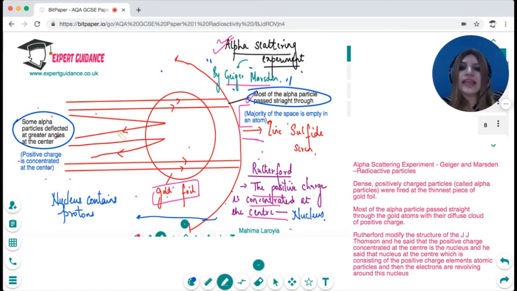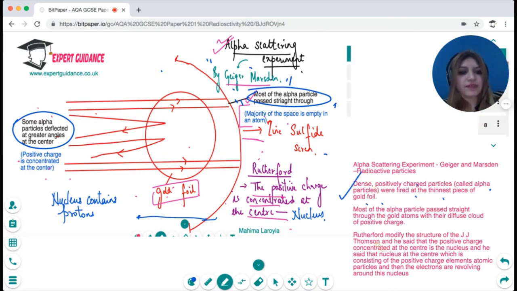So then they concluded that the majority of the space in the atom is empty, and since there was a large deflection just at the center, at the center we have the nucleus. So the nucleus is concentrated at the center. The dense positively charged alpha particles were fired at the thinnest piece of gold foil.